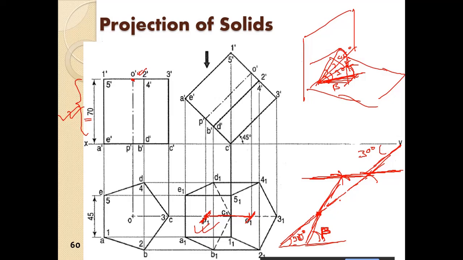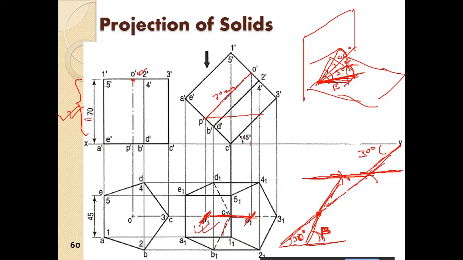Okay, so just clear your mind and try to recollect whatever you have learned in projection of lines. That concept we are applying here. We are now considering only the axis. Now remember, this axis is already rotated by 45 degrees. So this is a projection of the axis of 70 mm length rotated by 45 degrees.